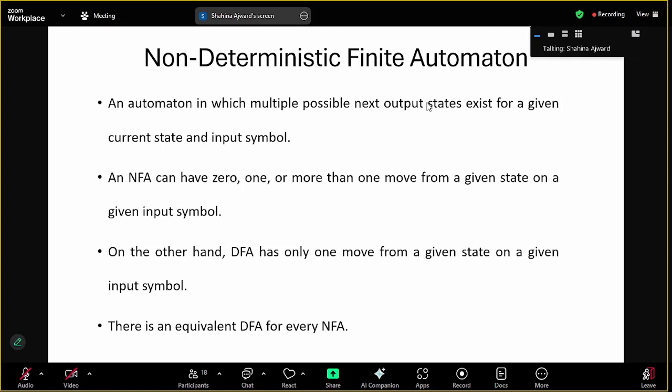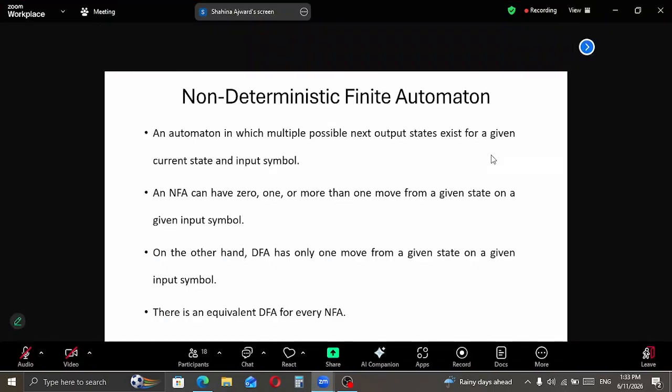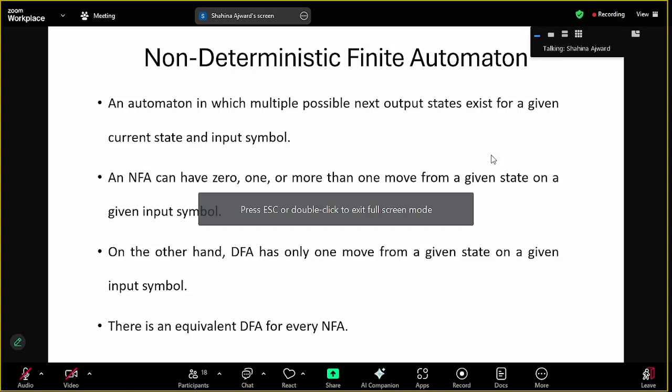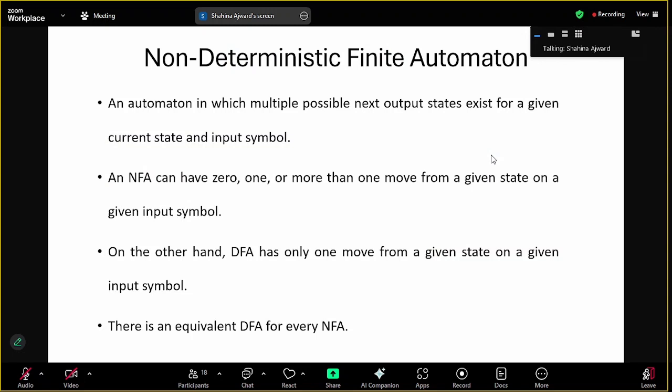All right. So now, non-deterministic finite automata. Again, it's a finite state machine, right? But here, when we compare with the DFA, the difference is in the DFA, we know these machines, when they receive an input, their current state changes, right?